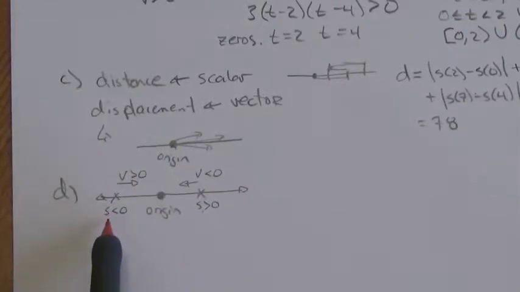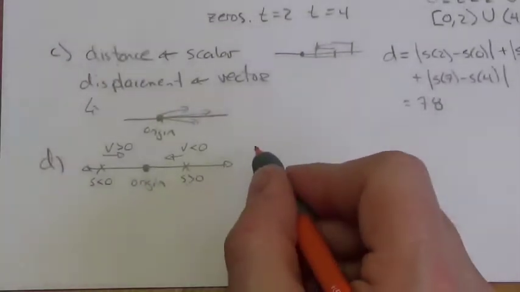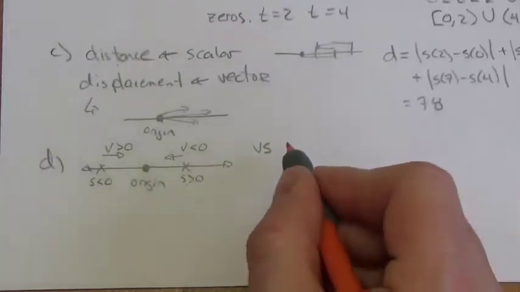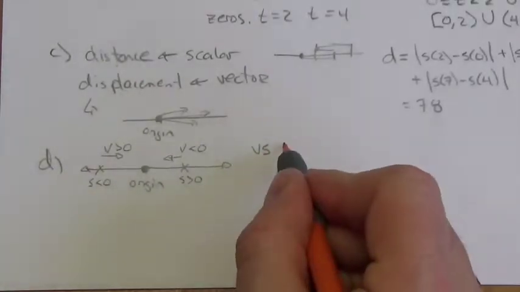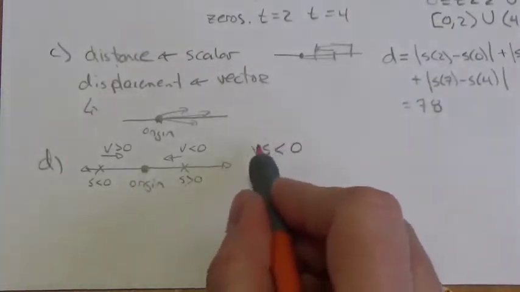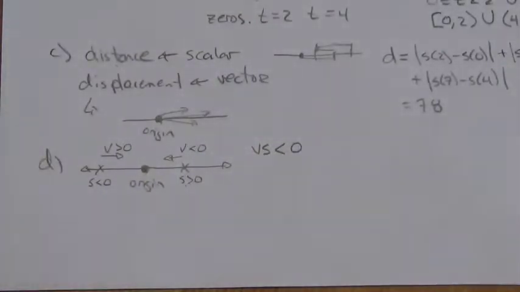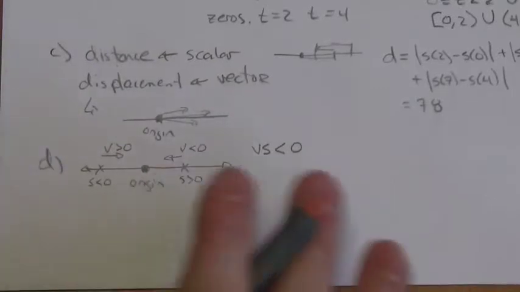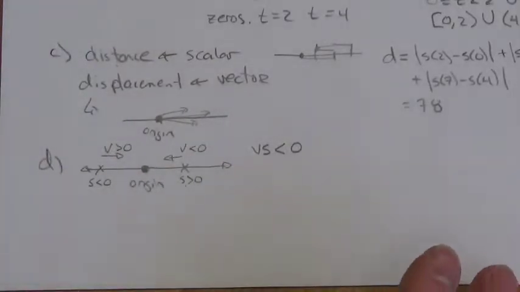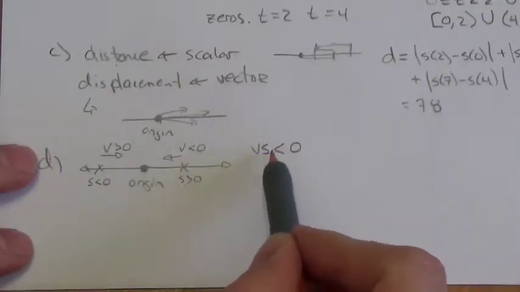And likewise, if displacement is negative, velocity must be positive. So if you've got velocity times displacement, when those are opposite signs, you're going to get a negative result, and when that's true, you're moving towards the origin. And if it's positive, you're going to be moving away from the origin. But in this case, we're asking where we are moving towards the origin. So we want to know where that product is going to be less than 0.